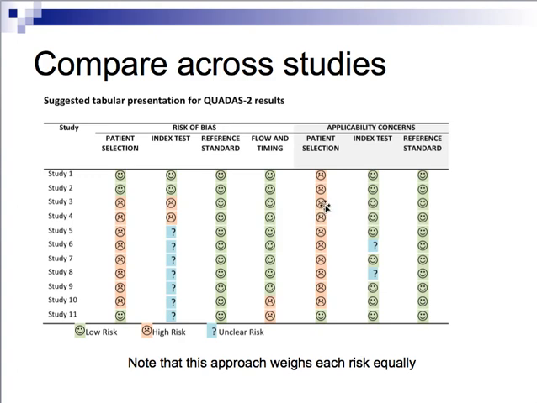And a less good study, we could do study 3 here. It only had really a good reference standard and good flow. There was some good application, but there were real issues with patient selection, the description, and how the index test was applied.